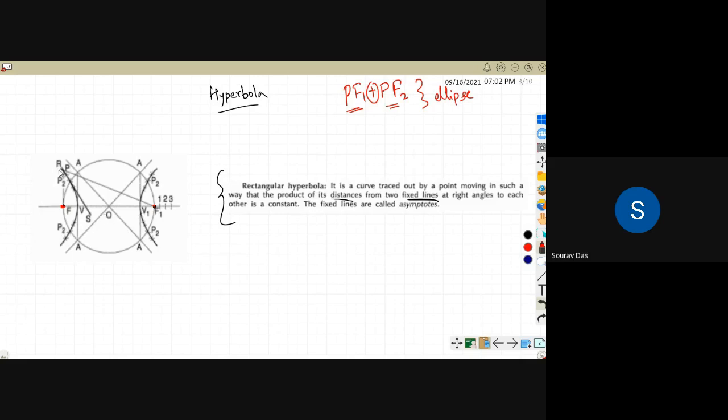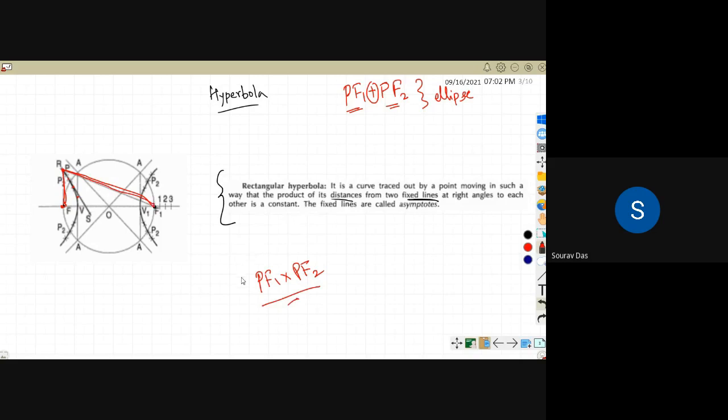So in this case, say this is the point P on the hyperbola. So this distance is PF1 and this distance is PF2. So PF1 into PF2, for any point on the hyperbola, the product of the distances from that point to the two focuses will always be constant.